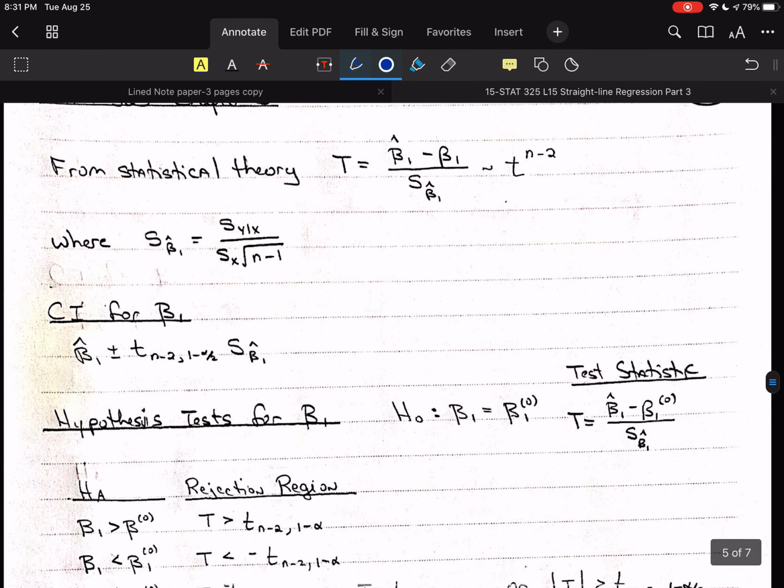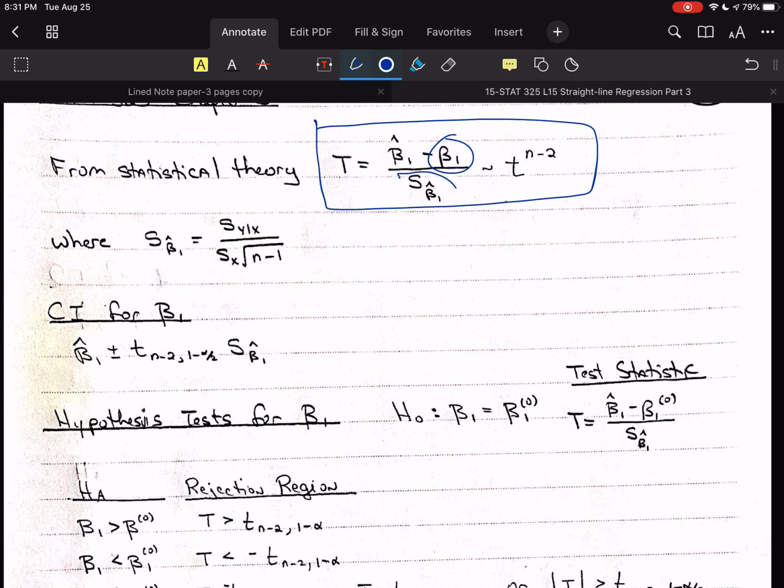Now, from statistical theory, you'll learn this in Math 311, if we take the estimate beta 1 hat, minus its expected value, which is beta 1, divided by the standard deviation of this estimate, then that has a t-distribution. In this case, it has n minus 2 degrees of freedom.